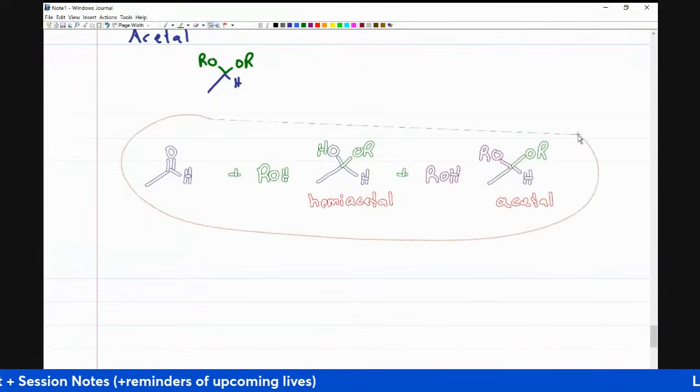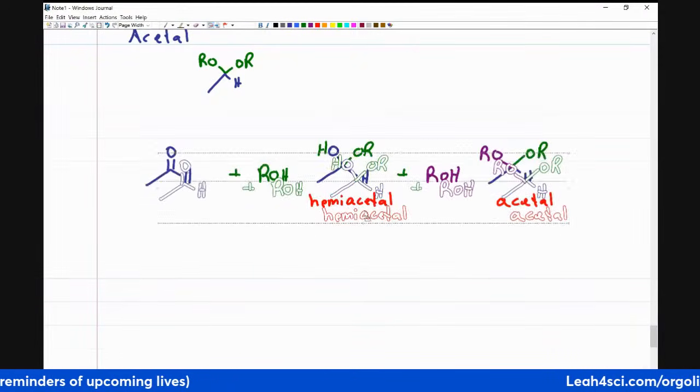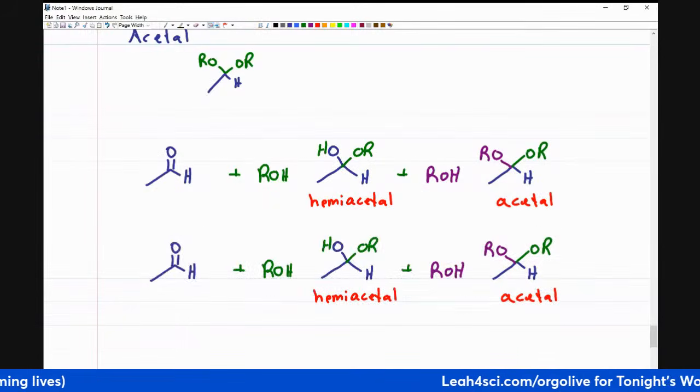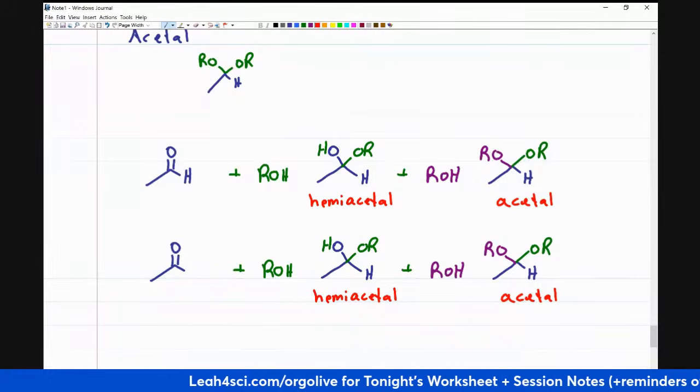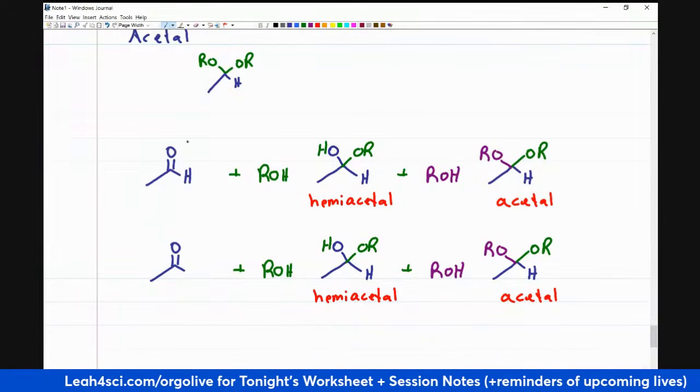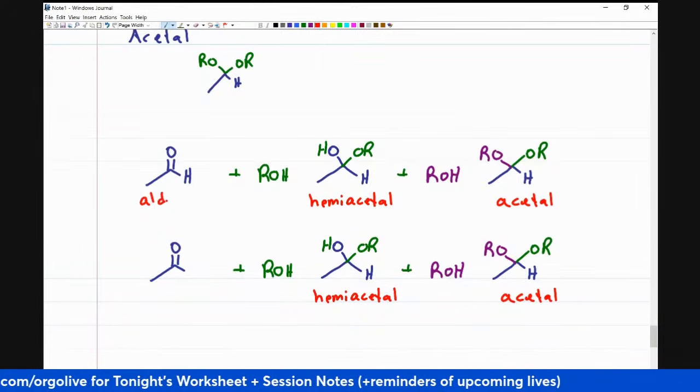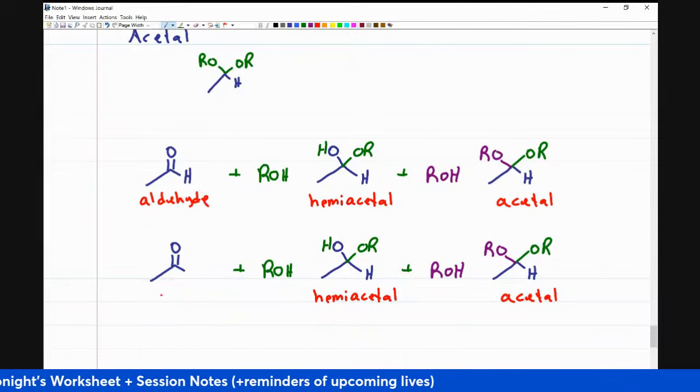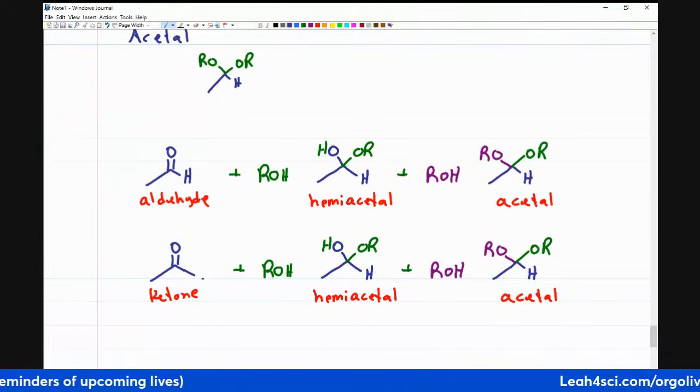But if I take this entire reaction, and I don't want to rewrite this, so let's just do that. If I start with a ketone instead, so here I have an aldehyde, and here I have a ketone. The only difference is that this chain is a little bit longer.